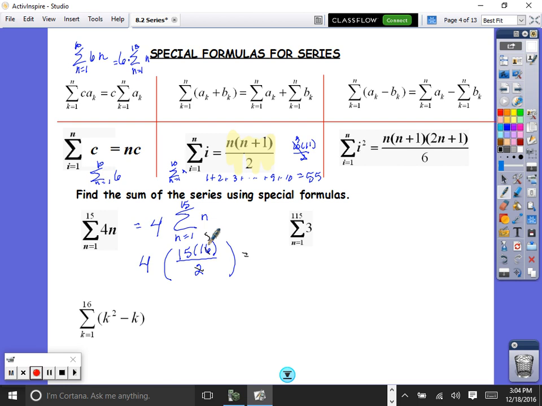That makes this 8 times 15 times 4 should give me a total of 480. Those rules help me get my sums much quicker rather than writing out 15 of 4 plus 8 plus 12 plus, 15 times.